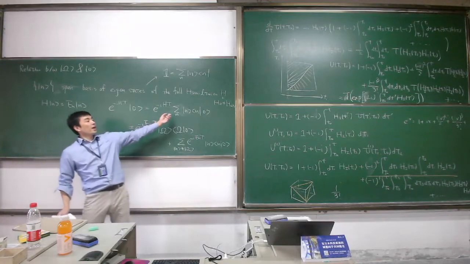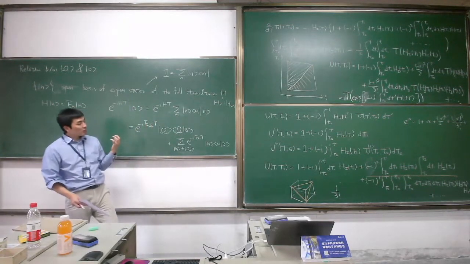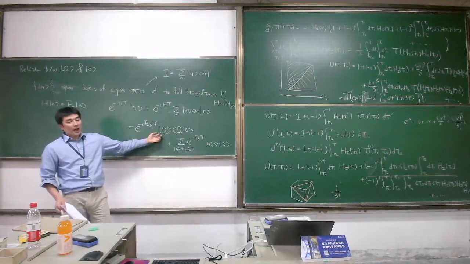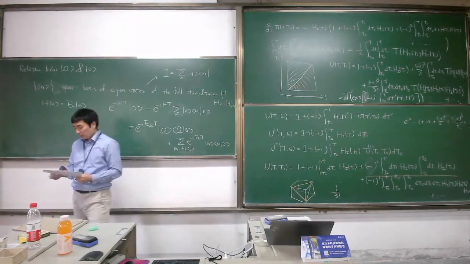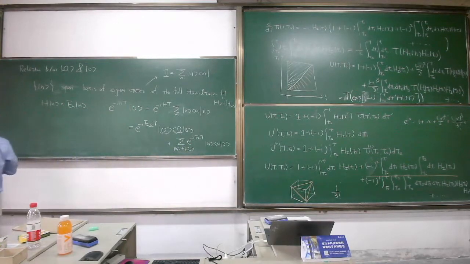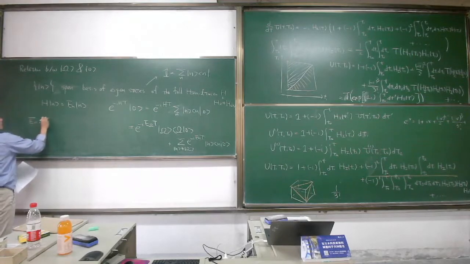From here n runs over all the states, but we just extract only the true vacuum of the interacting theory and the rest. And of course E_n is E_Ω for the ground state.